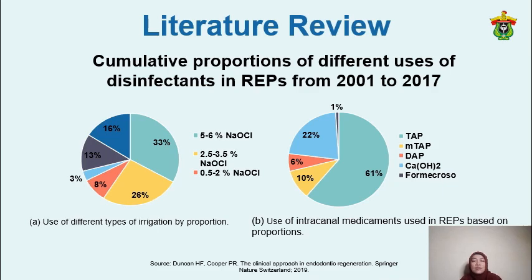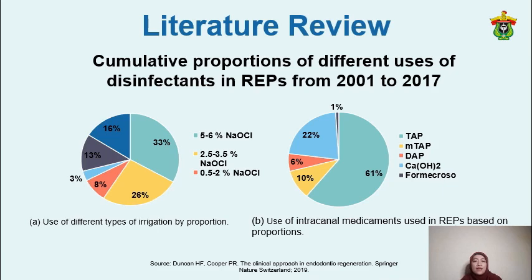However, the trend in the use of irrigation and intracanal medicaments shifts every year. This is due to an increasing understanding of the biology of stem cell-based regenerative endodontic procedure.